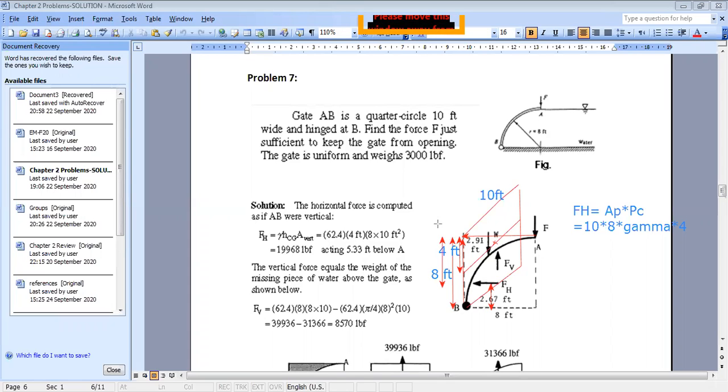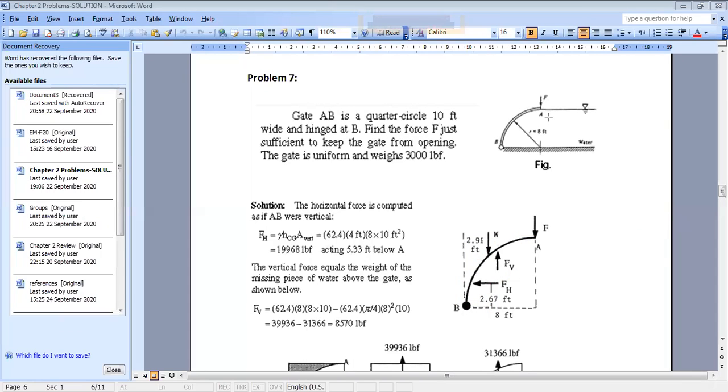Okay. So now we are done with F horizontal. Now we will move to F vertical, okay? Last time, we have seen a similar concept. And we have said that if we have a curved surface or an inclined surface, and we have, like here, if you look at the level of water, the level of water was like this, and suddenly we started with a curved surface.